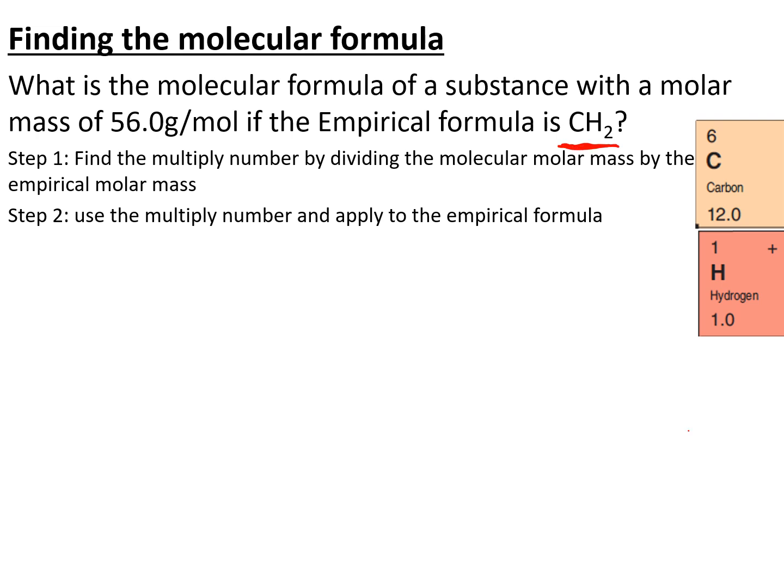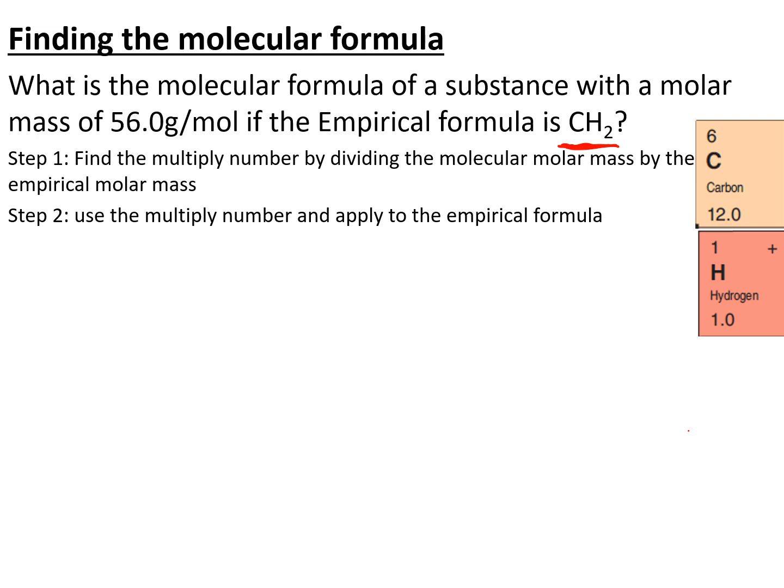All that this empirical formula tells us is that there is one carbon for every two hydrogens. So it could be CH2, it could be C2H4, it could be C3H6. Those are all following this 1:2 ratio. Okay, but we're going to figure out what it is.